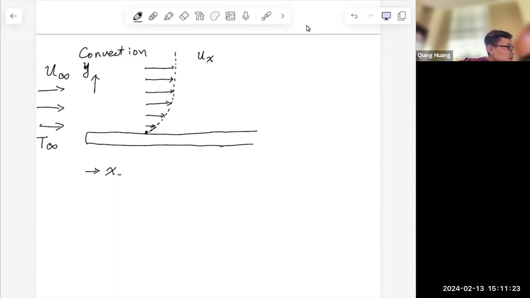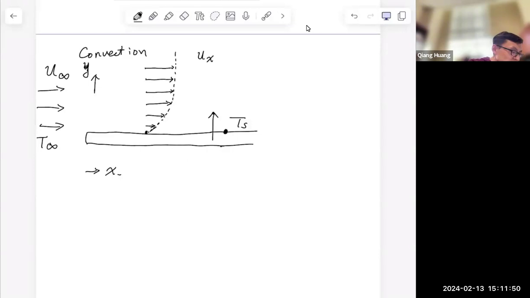And when heat transfers, because the temperature of the plate is different from the temperature of the fluid, we introduce an additional temperature parameter. If this is the surface temperature Ts, then we know the heat transfer will occur in the vertical direction, upwards in the y direction.